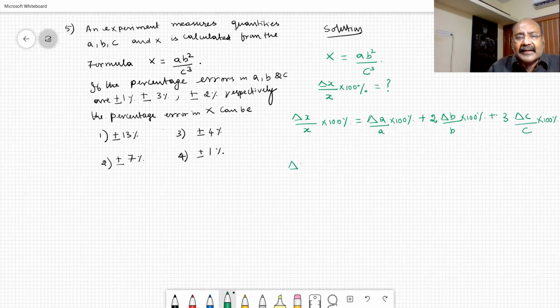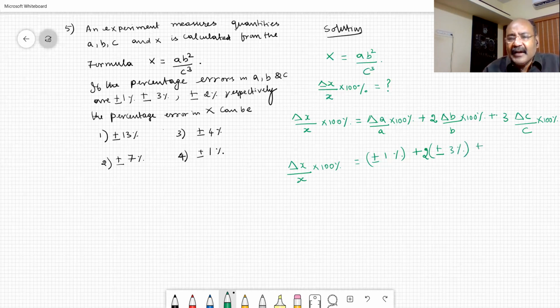So I can get delta X divided by X into 100% is equal to, see, this was given: delta A divided by A into 100% is given as 1%. So it was given as plus or minus 1%, plus 2 into plus or minus delta B divided by B into 100%, which is 3%.